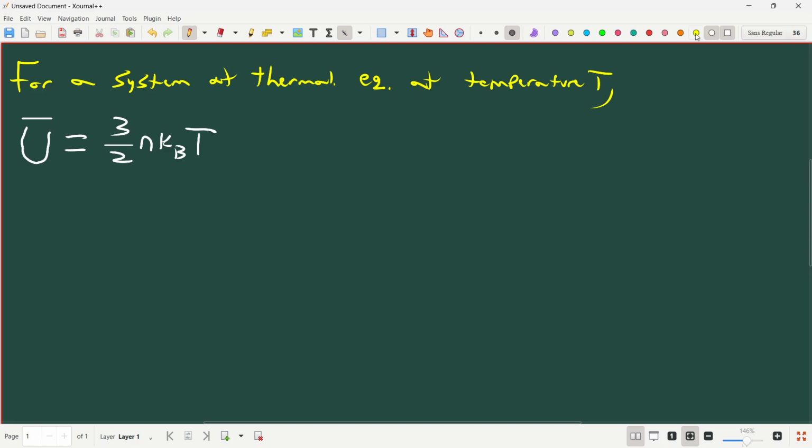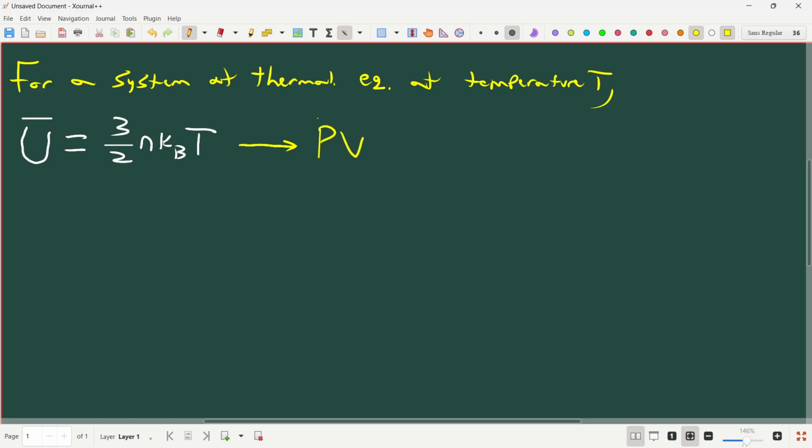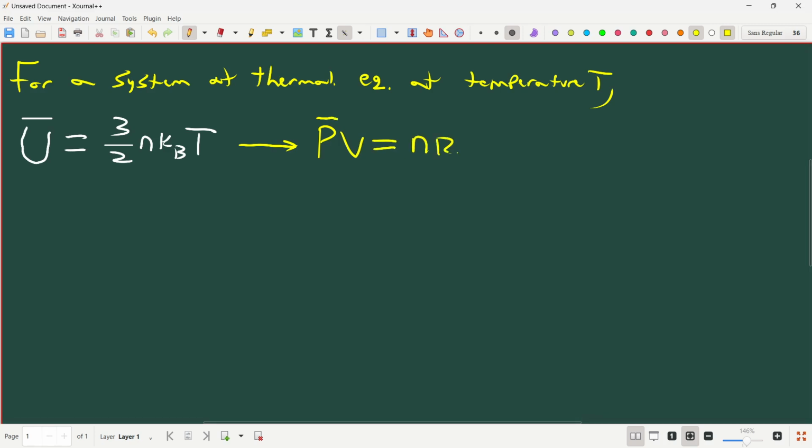And this looks awfully like PV equals nRT if you squint hard enough. And we saw that when you look at the pressure of the system at a given volume, you get nRT, the ideal gas law.